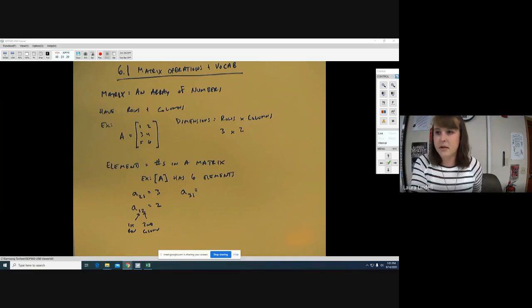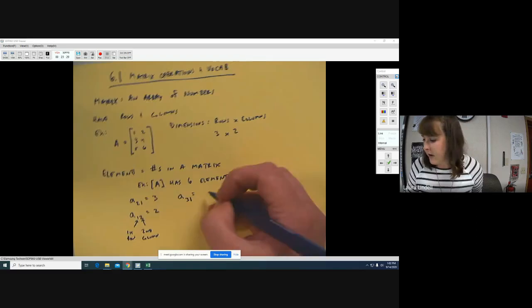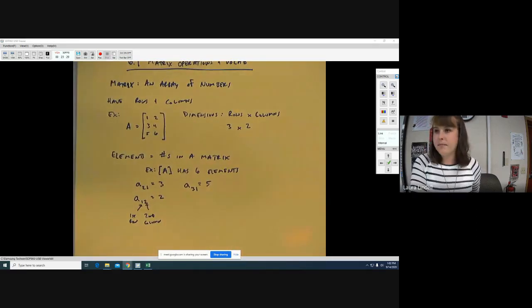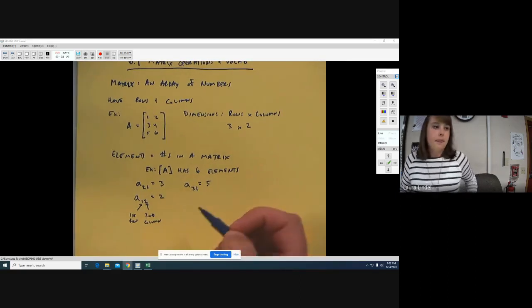Nice. All right, looks like we got it. Yes, it is 5 because it's the third row, second column. Or first column, sorry.